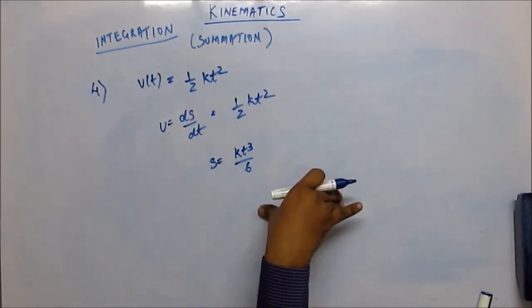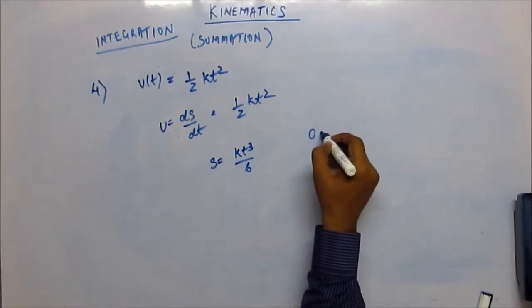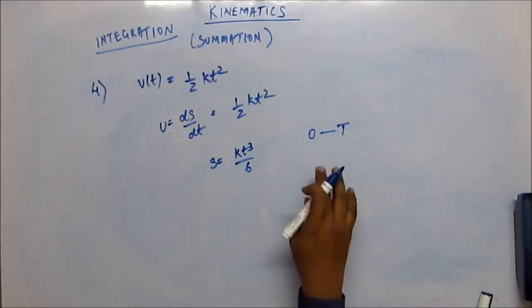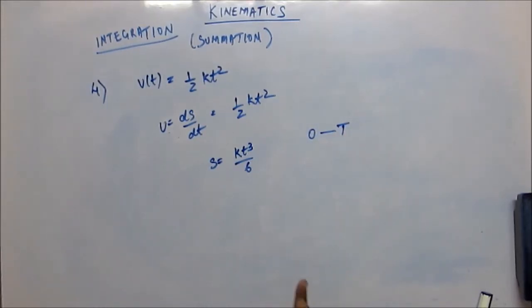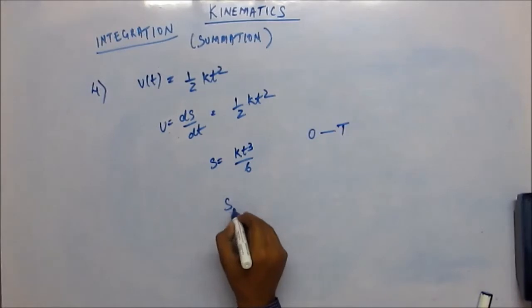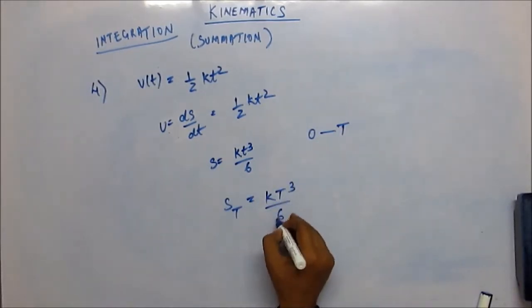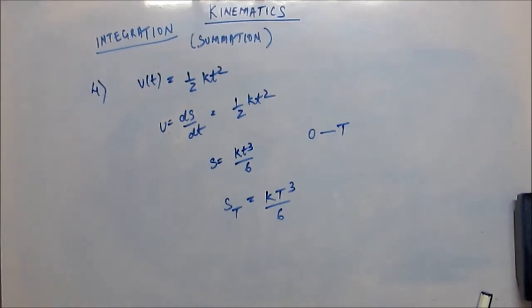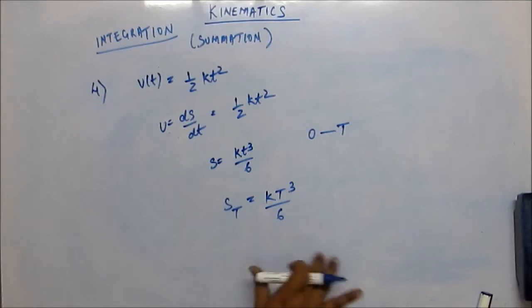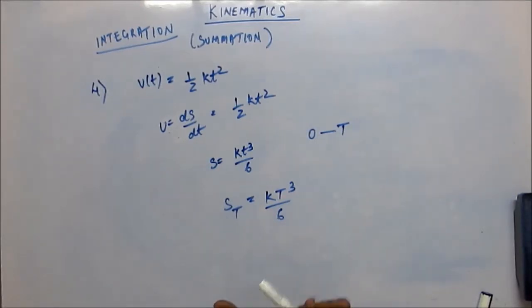Let's suppose we are looking for a time period 0 to t. Then displacement from 0 to t, you just have to keep capital T here. So displacement at time t is kt cube by 6. And then the average velocity in this time period is displacement upon time.